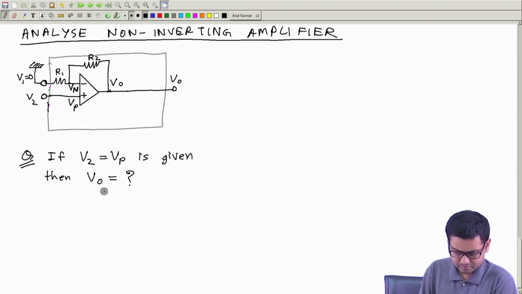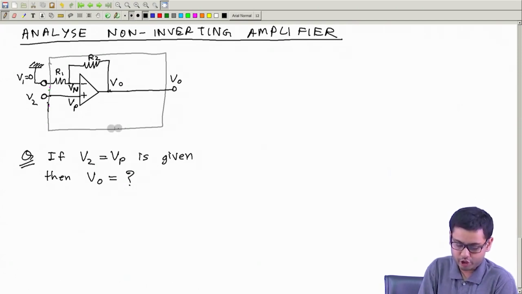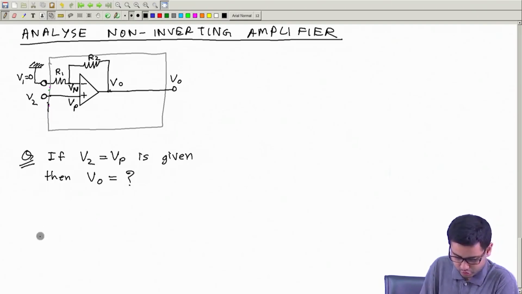Now how to find this answer? So for that we have to use the input output relationship of an op amp, and the input output relationship, okay, is given by the static characteristic. So we have solution.